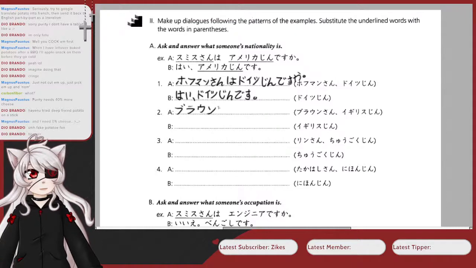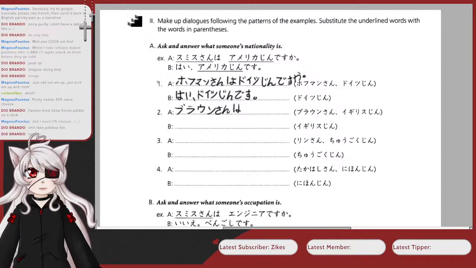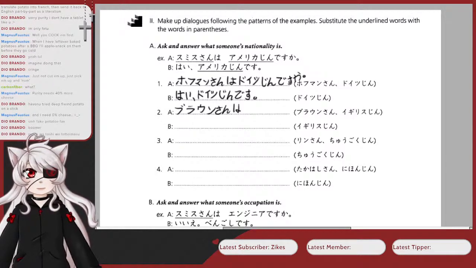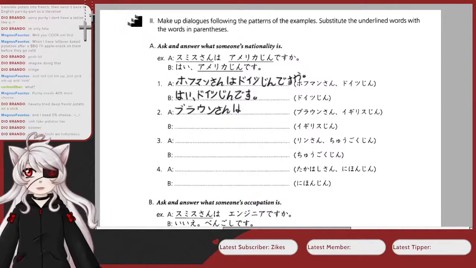So, Brown-san. What? Oh god, this is gonna fit even worse. Oh shoot. Hold on, I don't know what you just said to me. What the fuck did you just say to me? I'll have you know I'm trained in... what the fuck is the copypasta?